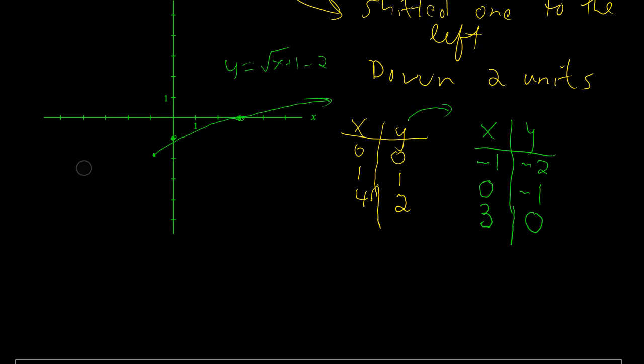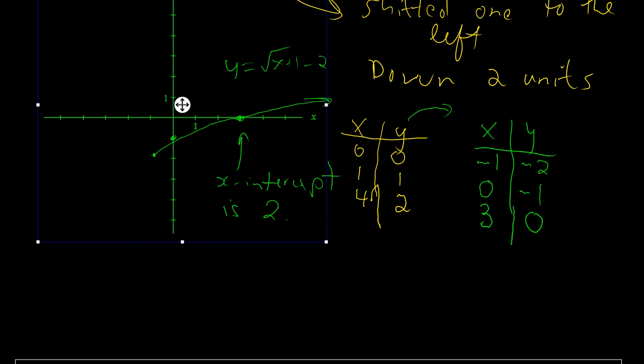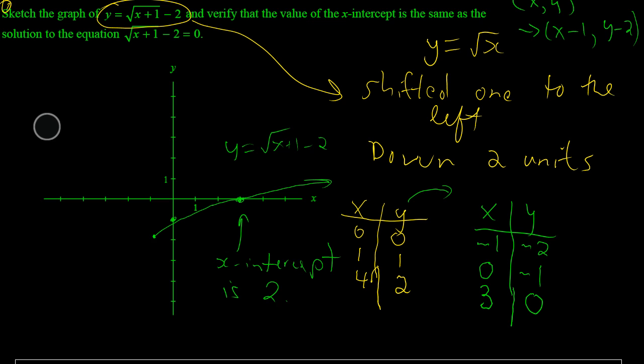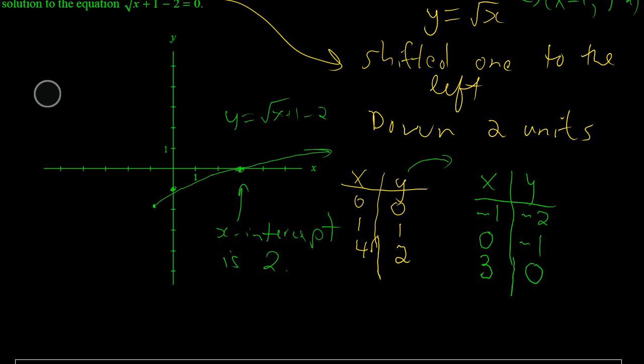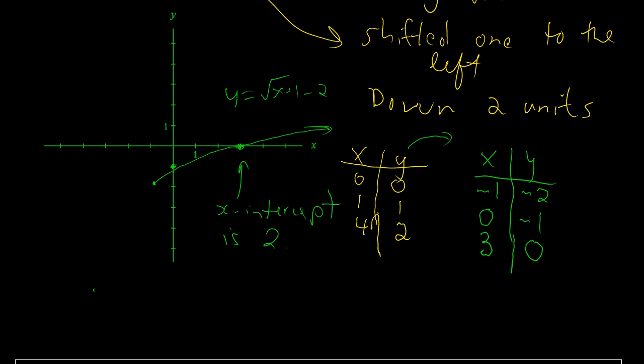So the x-intercept is 2. So I want to verify that that x-intercept is indeed a solution. So let me see. Square root of x plus 1 minus 2.